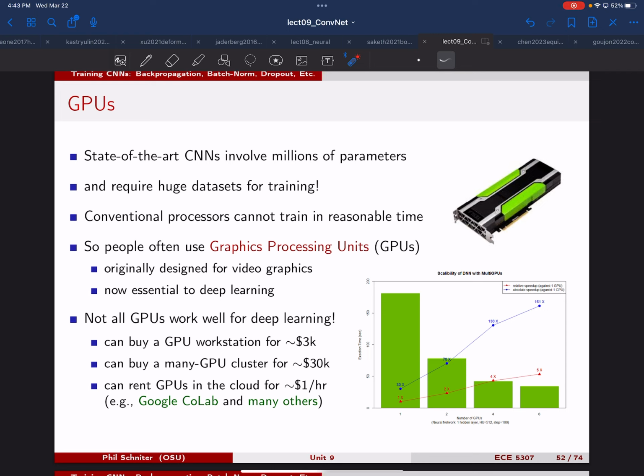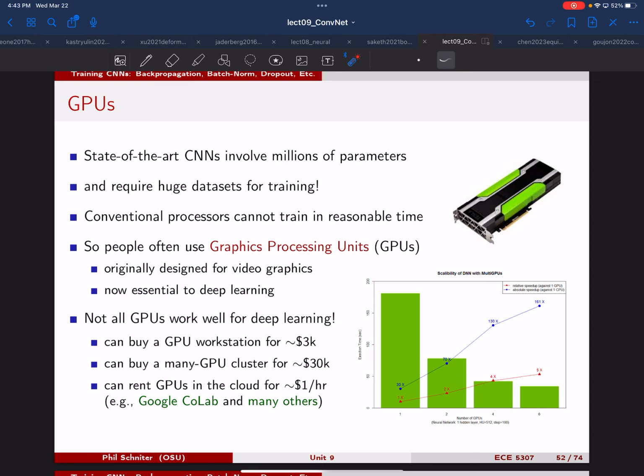They might also require millions of iterations for training. So when you put all that together, you just have to have efficient hardware. Otherwise, you can't do this stuff. Conventional processors, CPUs, are not very good at this. They're not specialized to doing all these convolutions over and over again at the speeds we need.